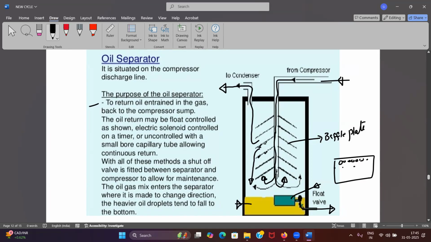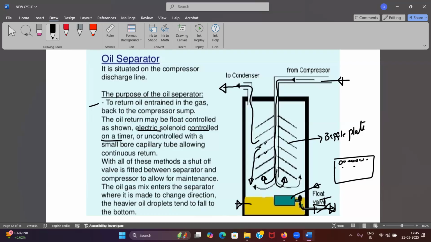Yes, sir. Sometimes if you don't have this float type of valve, you can have an electric solenoid valve present over here. Nowadays, maximum you have electric solenoid valves which will open according to the timer, okay, and it will release whatever oil will be there at the bottom. It might be written also. Yes, here see, electric solenoid controlled with a timer.